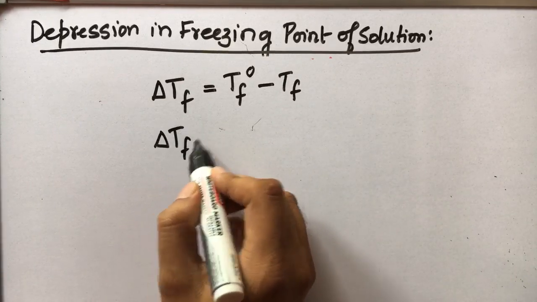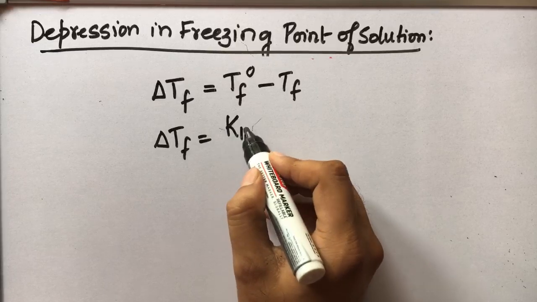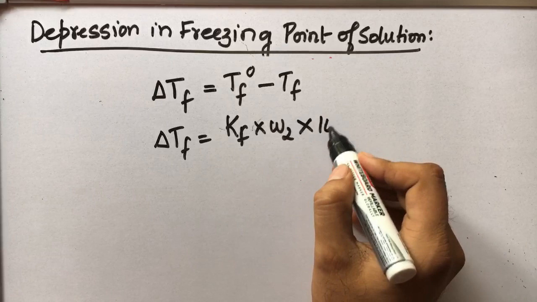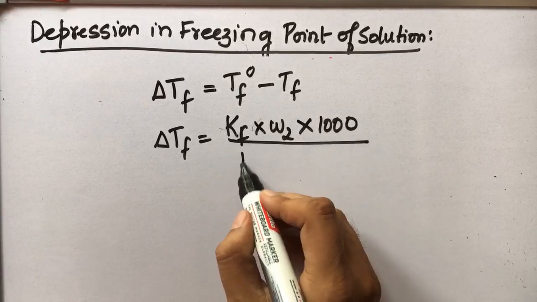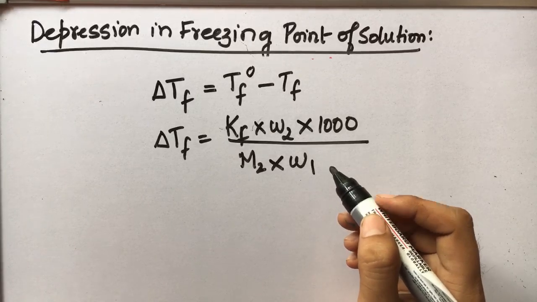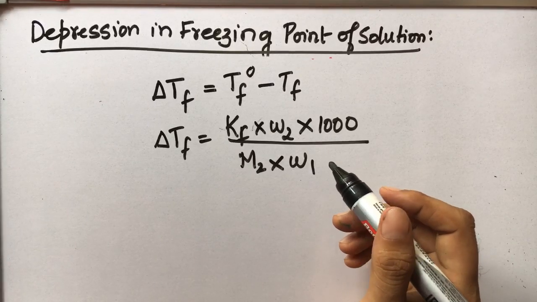Delta Tf is equal to Kf multiplied by W2 into 1000 divided by M2 into W1. These are the two formulas that you need to remember.